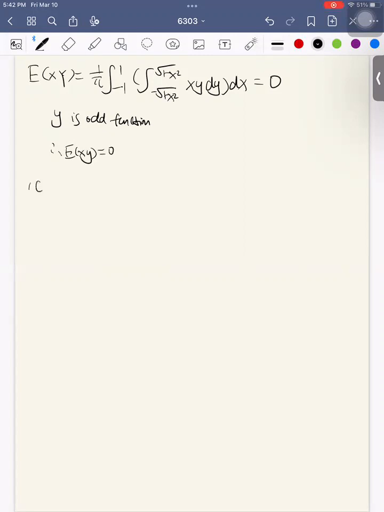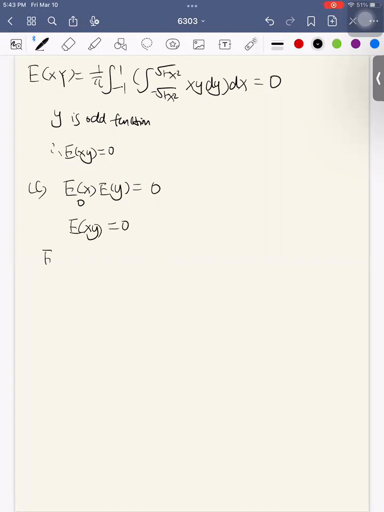And now part C asks us to prove or disprove X and Y are uncorrelated. Based on the result of part B, we already know E[X] times E[Y] is equal to 0, since 0 times anything is 0. And we just solved that E[XY] is equal to 0 as well.